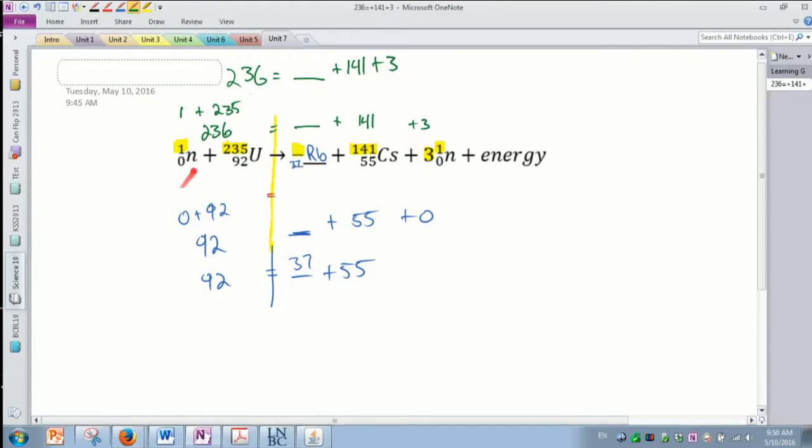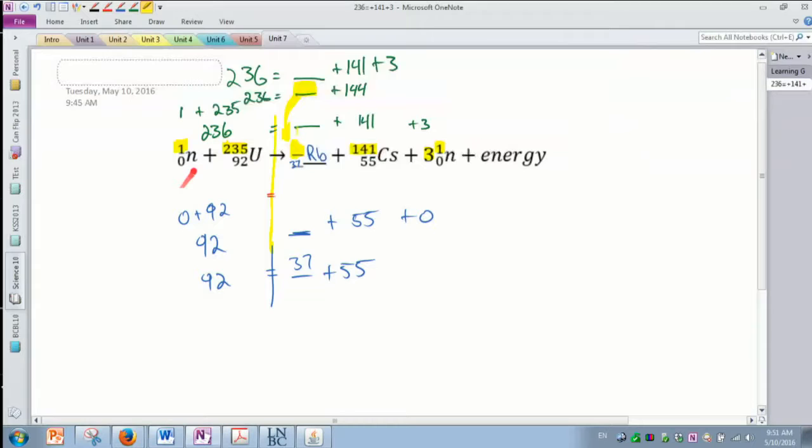If I simplify it a little bit further, 236 is equal to something plus 144. What is that something? The missing blank here, which goes in there.